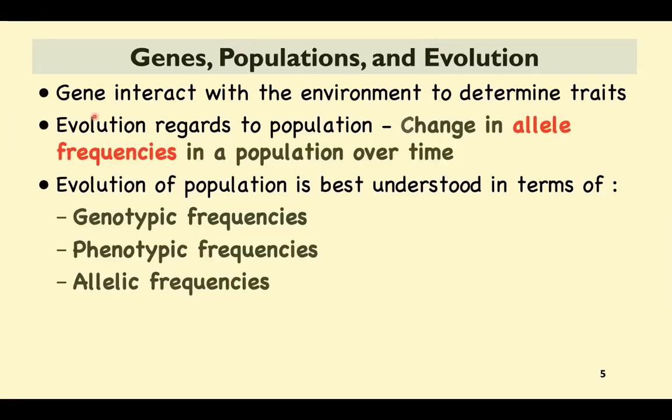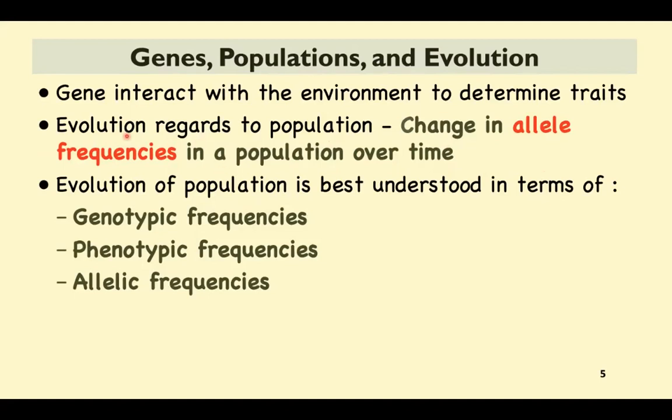So, evolution in regards to population is the change in the allele frequency in a population over time. Okay, always remember this. Evolution berkait rapat dengan change in allele frequency in a population over time. Over time maksudnya generation over generation over generation over generation. Dia bukan jadi dalam satu parent generation sahaja.